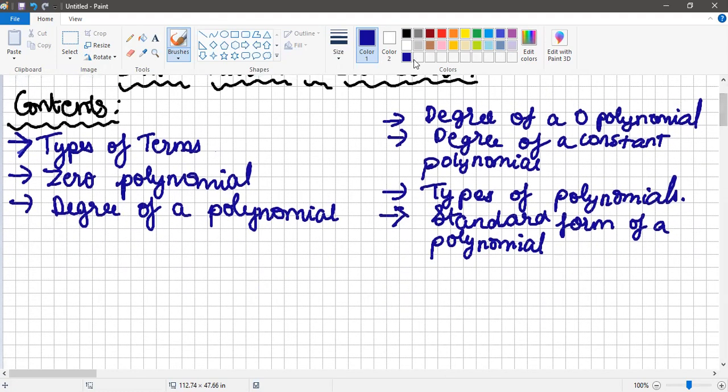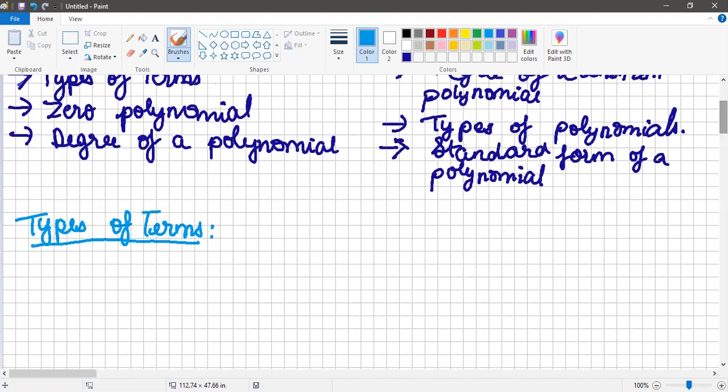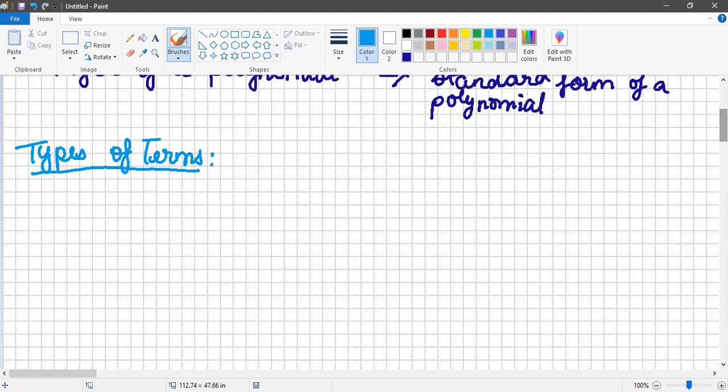So firstly, we will start with types of terms. What do I mean by that? We have something called a constant term. What does constant term mean? By the two words constant term itself, we can identify that there is no variable in the term.